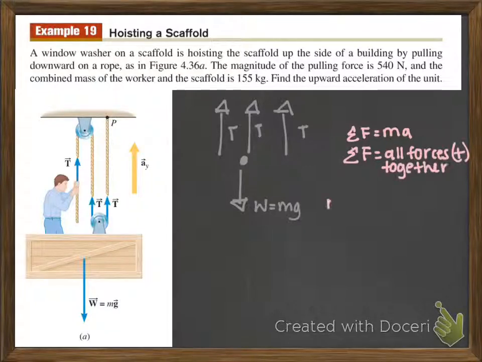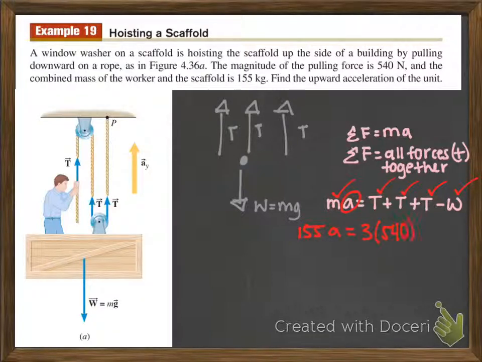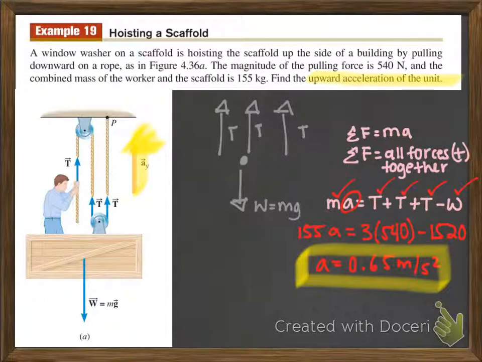So with those two equations, mass times acceleration equals all the forces added together, we know the mass, the tensions, and the weight, and we just need to find acceleration. Through this equation, acceleration ends up being 0.65 meters per second squared, pointing upward.